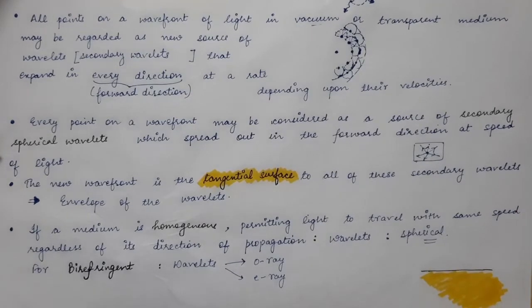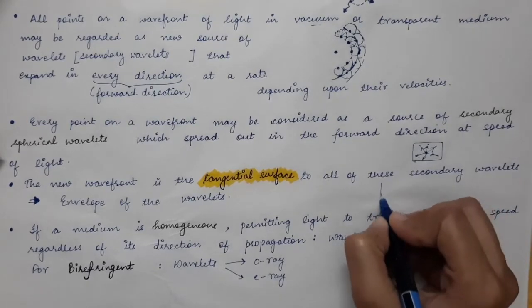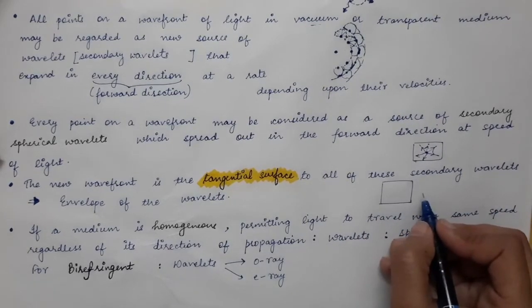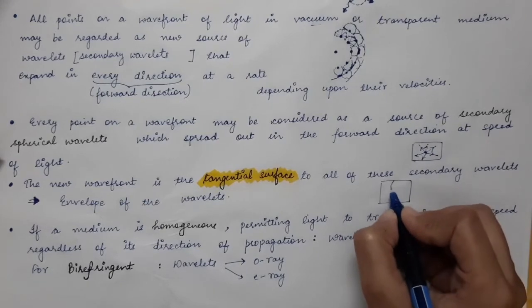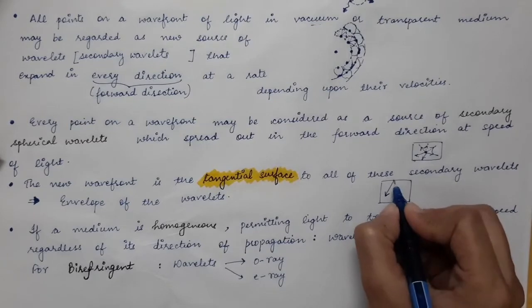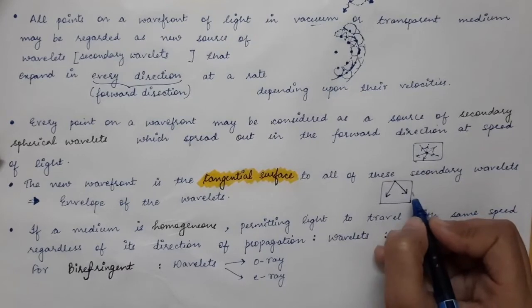Now if we talk about birefringent materials or the double refracting materials which we have talked about earlier in the previous lectures. So what are the double refracting materials? Those materials that show different refractive index as you change the direction. So let's say if you have some birefringent material or double refracting material, and the light is traveling in this direction, then it will experience a certain refractive index, and if it is traveling in another direction, it will experience a different refractive index.